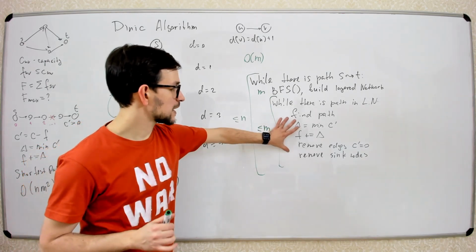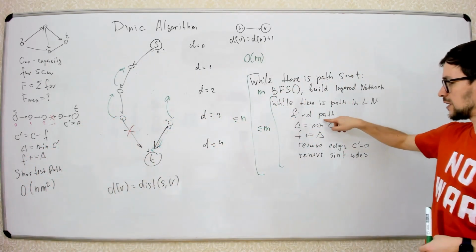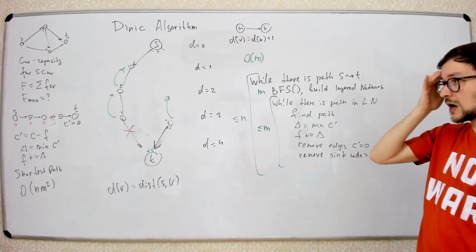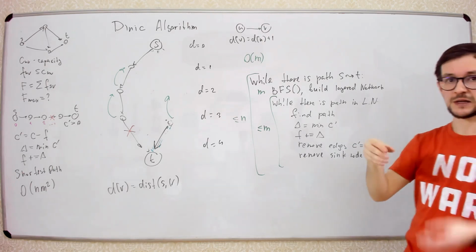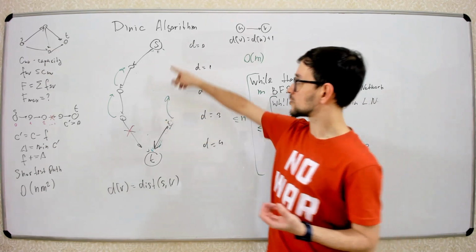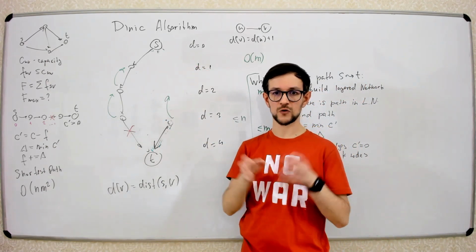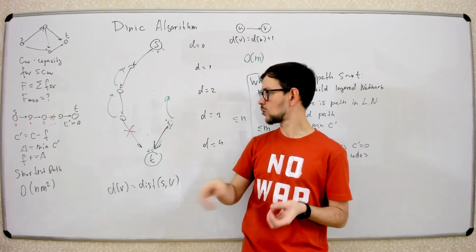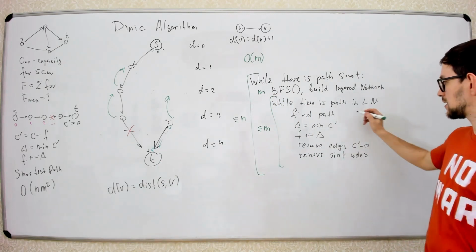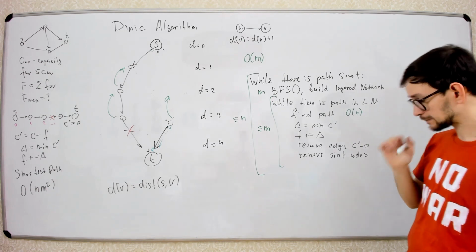Now, what happens inside this loop? First we need to find the path. And we can find the path just by taking any edge from the current node. So how do we find the path in a layered network? We start from the node S. Each time we take any edge going out of the current node, in the end we will go to the node T. So we can find the shortest path in time O of n.